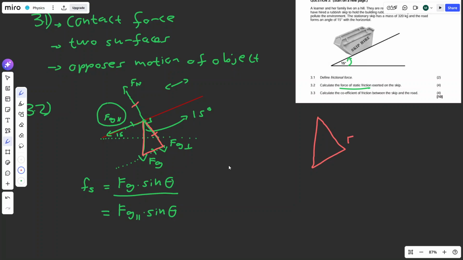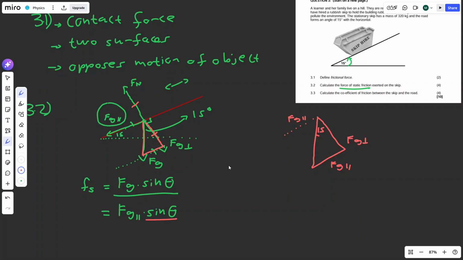Remember, we have our Fg perpendicular, and then this is our Fg parallel. So just to not confuse you guys, it's this one here, Fg parallel on the plane. I'm just putting it down here for the purpose of illustrating how we get to sine of theta. So we've got our 15 degrees here.